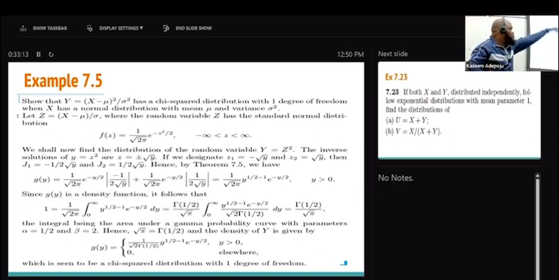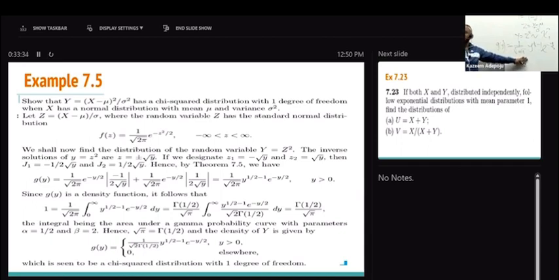Look at what we have. What we have now is g of y equals 1 over square root of 2 pi, y raised to the power half minus 1, exponential. This is a new distribution that is formed.